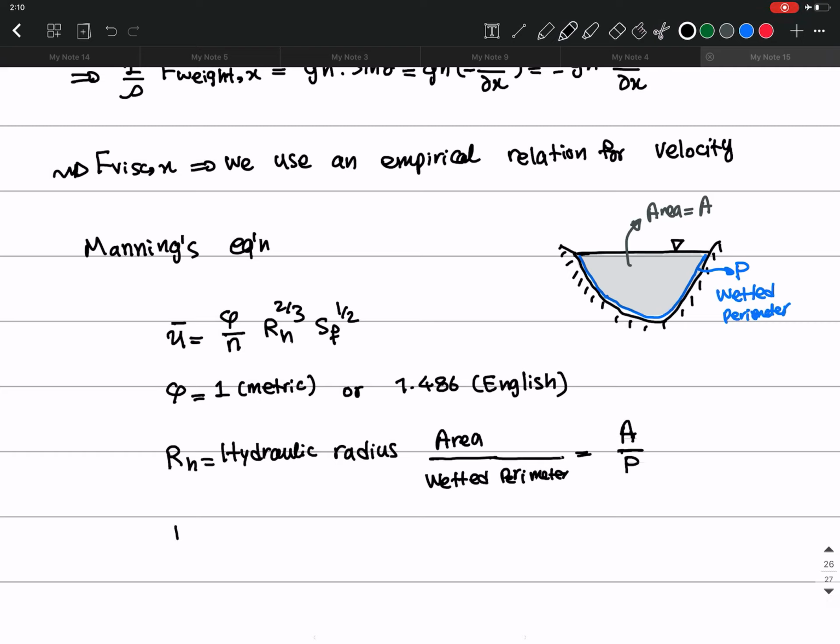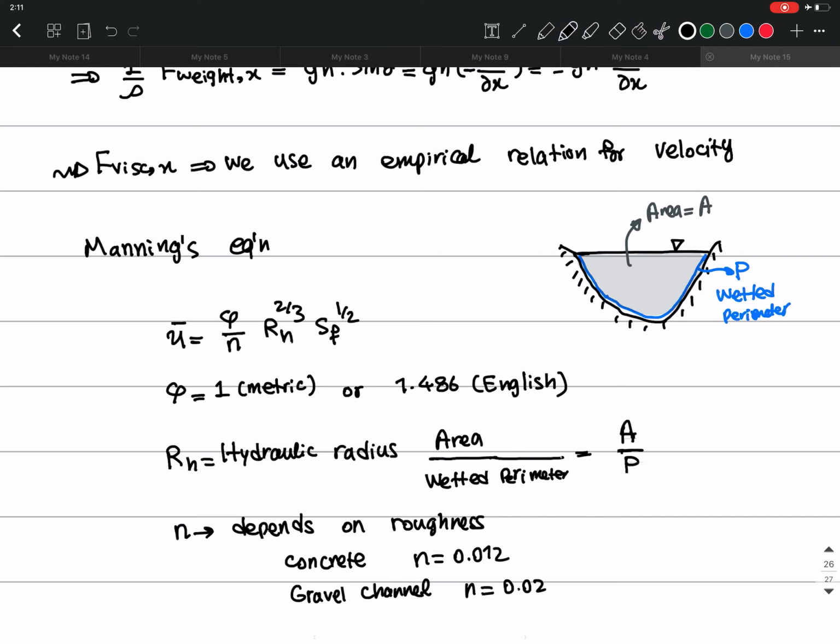What is N? N depends on the roughness, and it's just Manning's N. They call it Manning's N. It depends on the roughness of the channel or the river. So for example, if you have a concrete channel, N is going to be 0.012. If you have a gravel channel, which is rougher, your N is going to be higher, so it's 0.025.